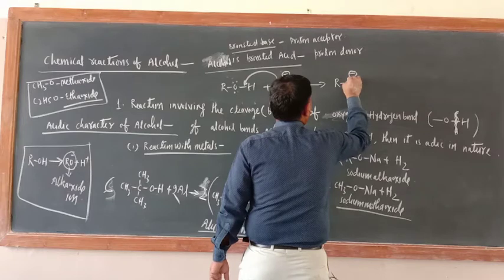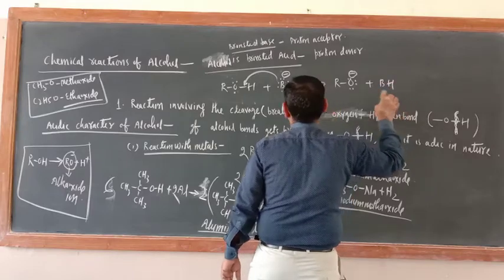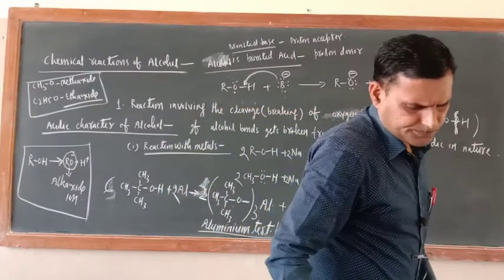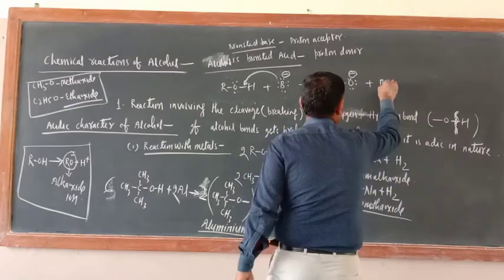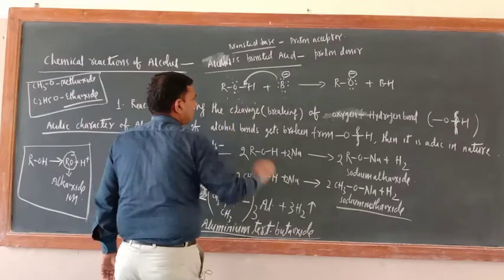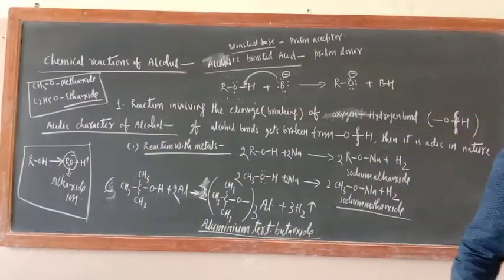So RO negative, with a negative sign, plus BH, because this has taken one proton. Okay, so now here you write this. Let me rub this one because space is less.